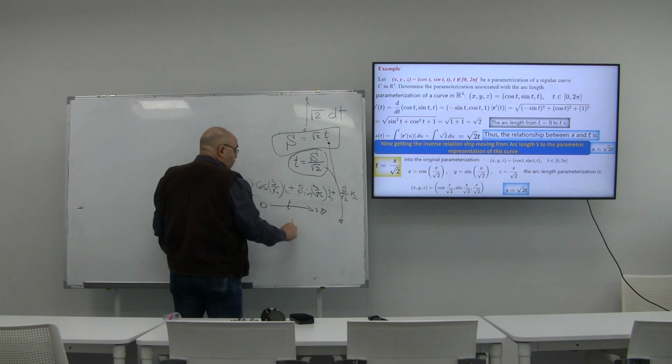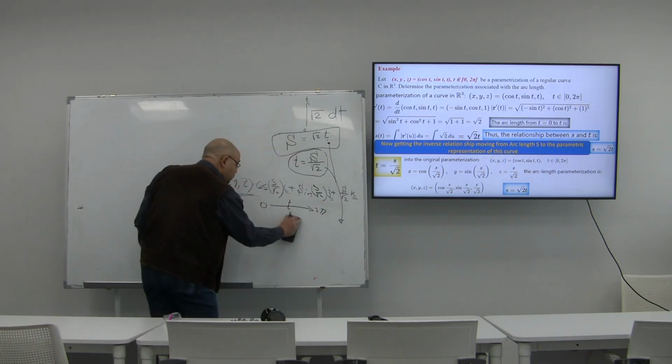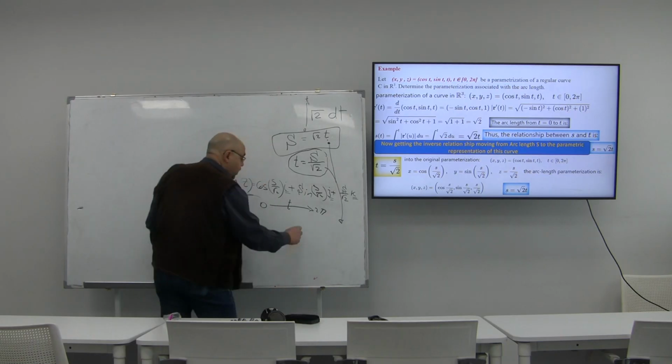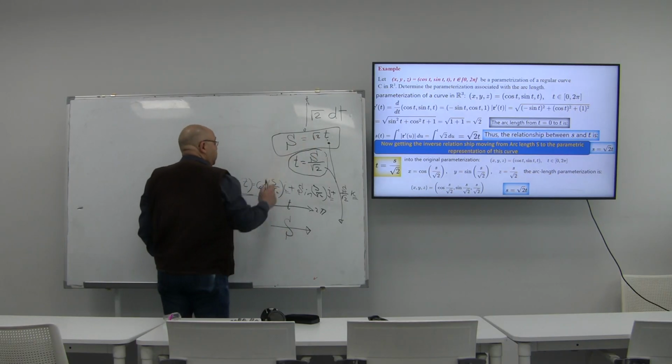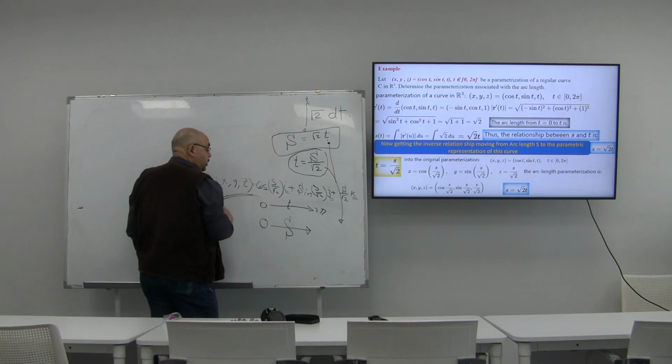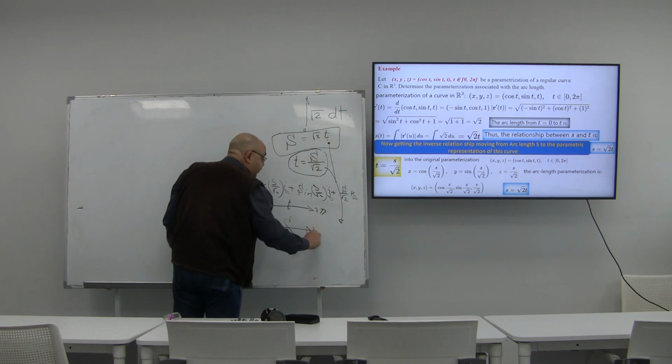So if t equals 0, these are going to be the corresponding limits of this parameterization with respect to the s value. Putting t equal to 0 here will let s start from 0. And as t tends to 2 pi, the upper limit, putting 2 pi here will leave it to be root 2 times 2 pi, actually. So this is the result.